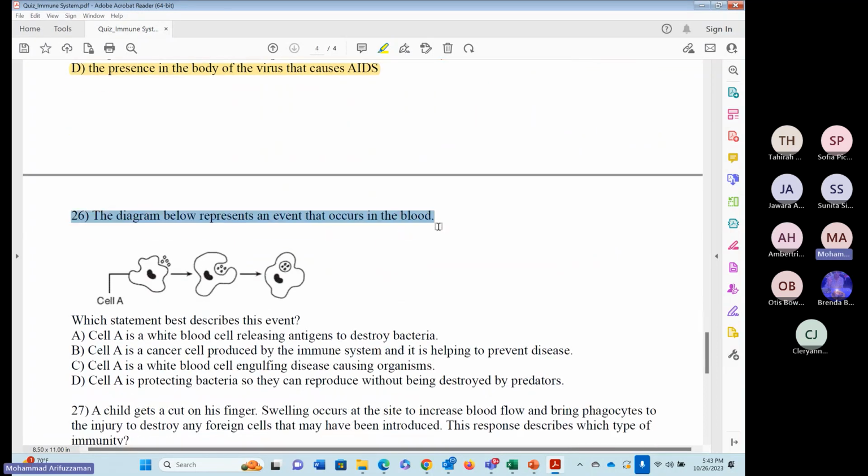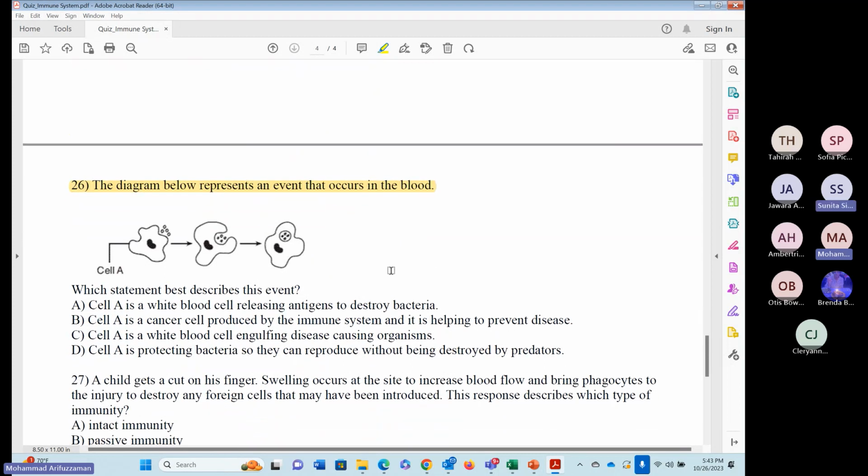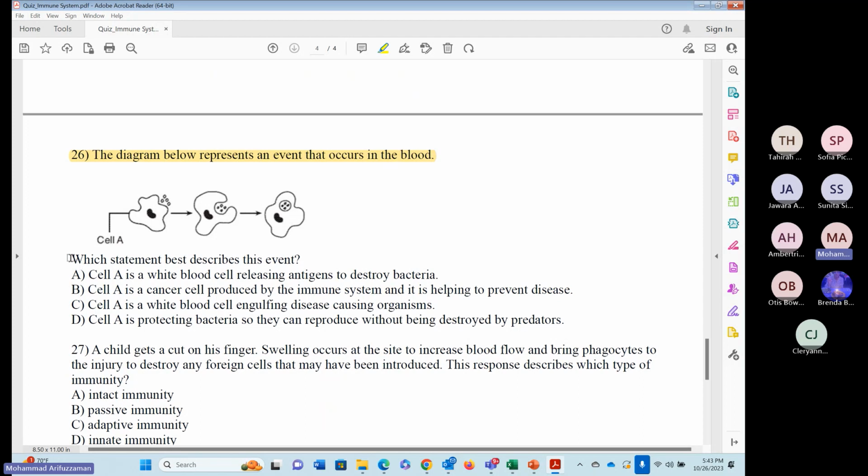The diagram below represents an event that occurs in the blood. Which statement best describes this event? C? Yes. The white blood cell engulfing the disease-causing organisms. Name this process. Phagocytosis. Yes, phagocytosis: engulf and destroy the pathogens.